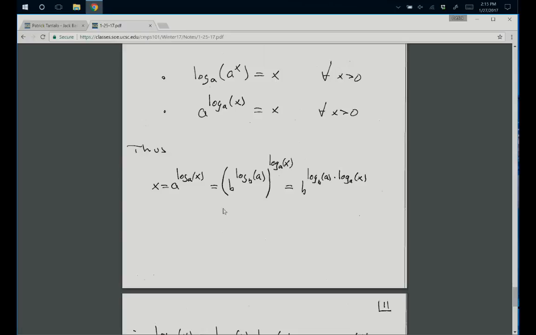P of n naught says the n naughth domino falls. Two, 2a says, what are we trying to prove? For all n greater than or equal to n naught, P of n implies P of n plus 1.